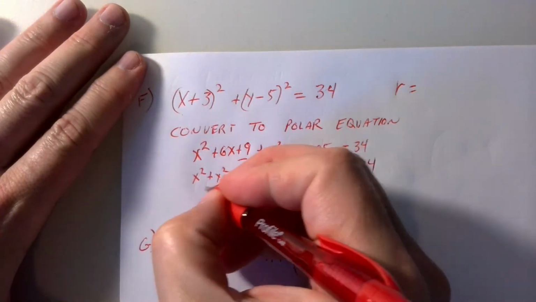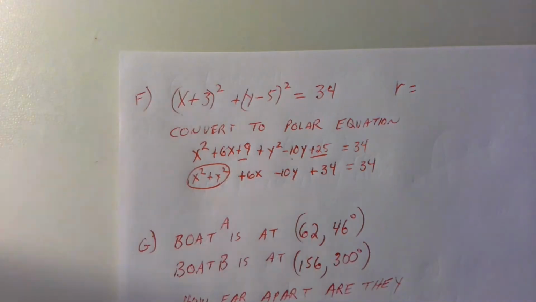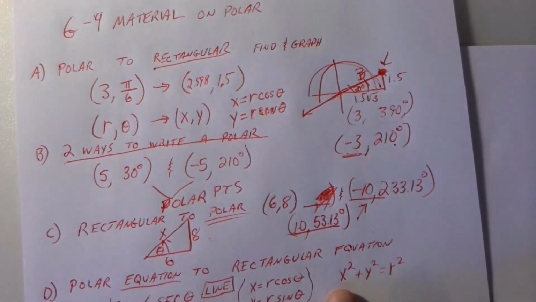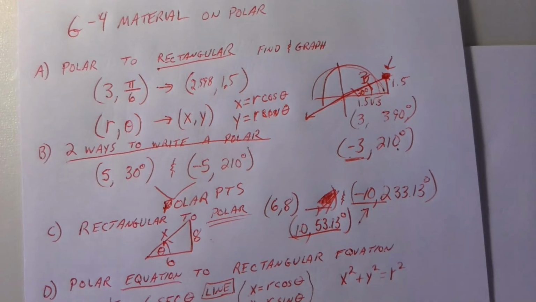Okay, so take a look at this. Look at this, x squared plus y squared. We remember, right, way over here, that adjacent, or x, or cosine, and y, or opposite from the origin, or sine, equals hypotenuse squared, or r squared.